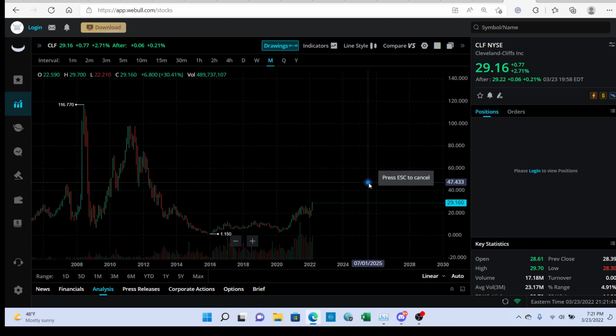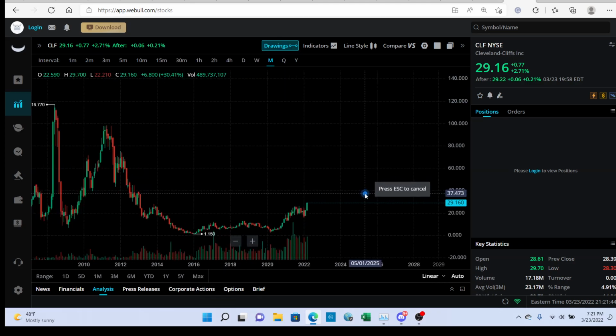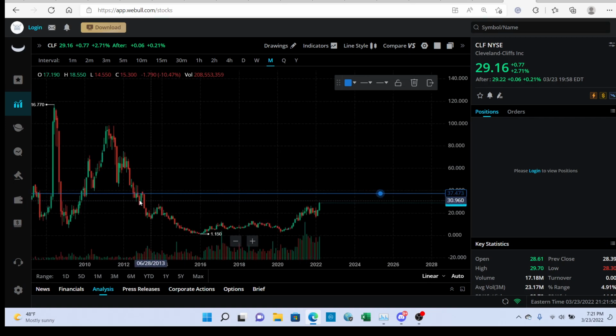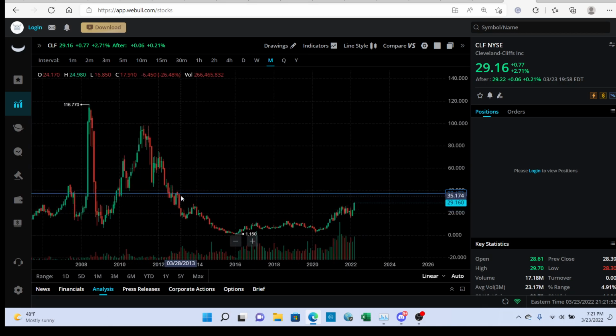If I do zoom out here, I would say a significant resistance is going to be right here at 37.47. Because you can see right here, when I go back in time, this is where we really sold off, both back in 2007 and in 2013. So this is going to act as serious resistance.